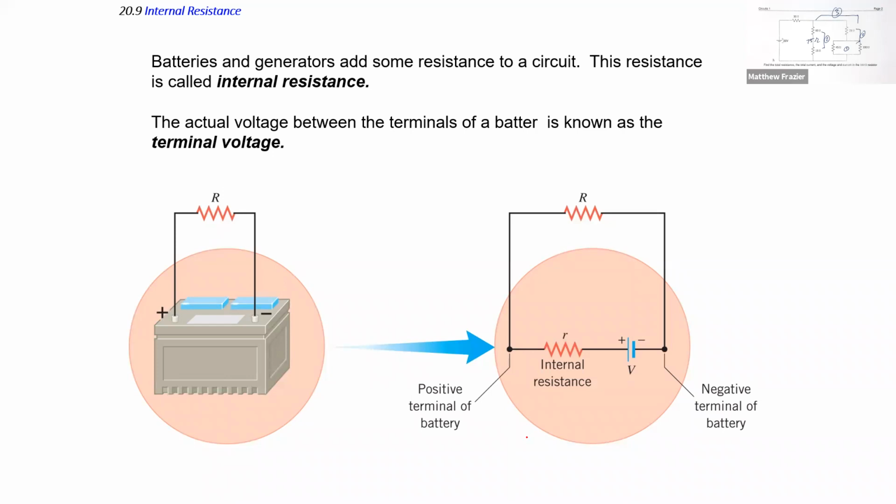One place where we actually have to care about it being not ideal is when we talk about current flowing through the battery. The electric charge is at one terminal, the negative terminal for electrons. It flows through the circuit, and then it recombines at the other terminal, the positive terminal.